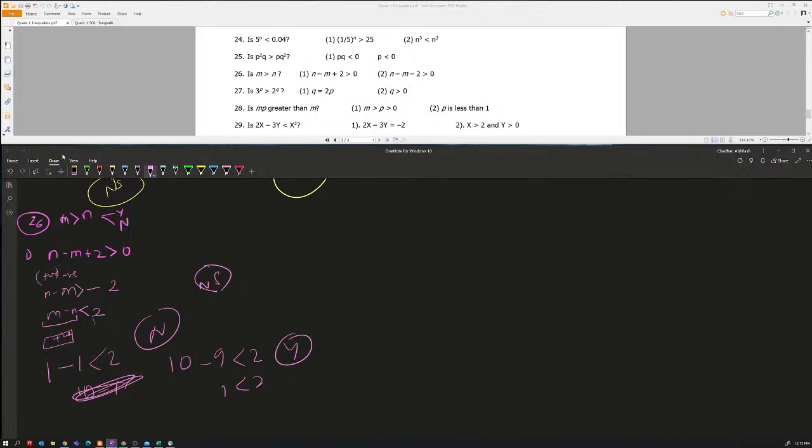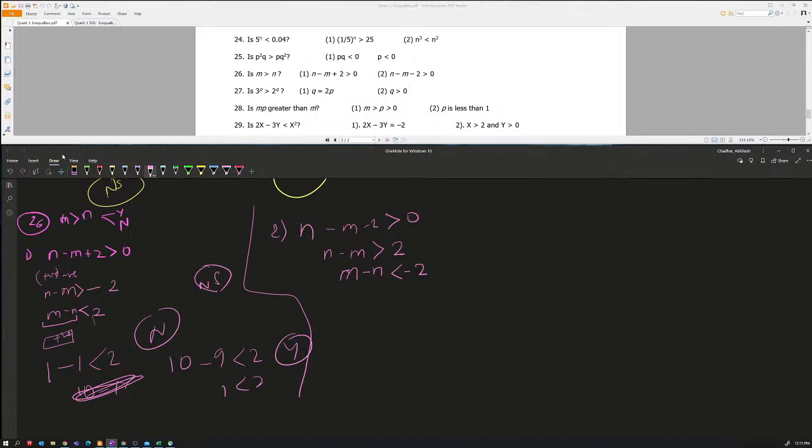Let's take another one which says N minus M minus 2 is greater than 2, which is N minus M is greater than 2, and M minus N is less than minus 2. So less than minus 2, right?